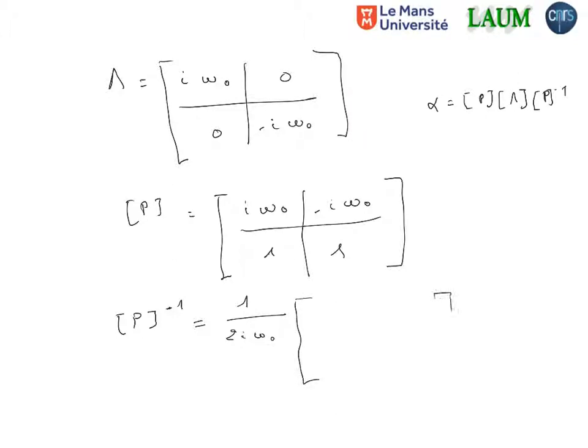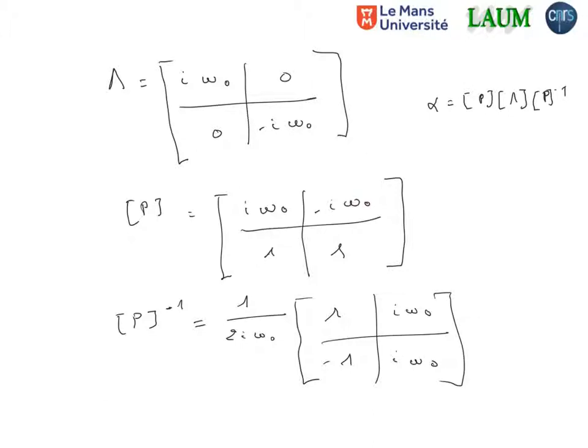And then we have this 1, I omega 0, I omega 0, and minus 1. So you can see here that this coefficient goes here. So here we have the determinant. This coefficient goes here. This one goes here.